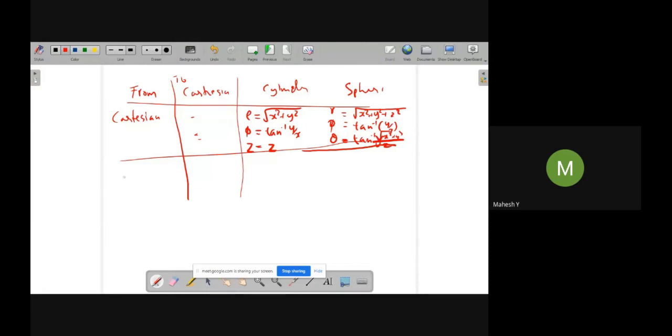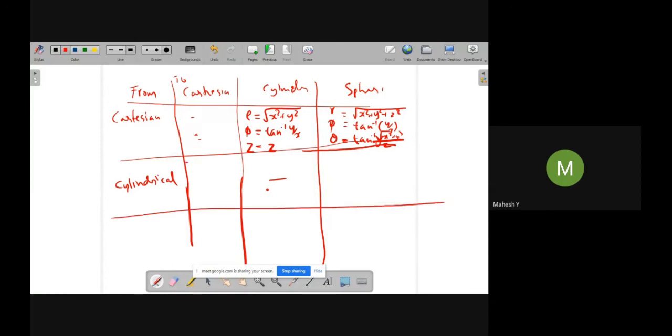Now from cylindrical to other systems. So cylindrical to cylindrical, there is no conversion. So cylindrical to Cartesian, I have to find x, y, z.